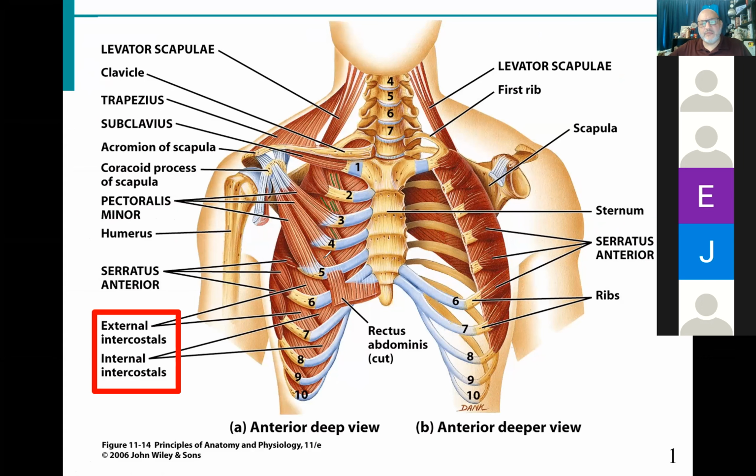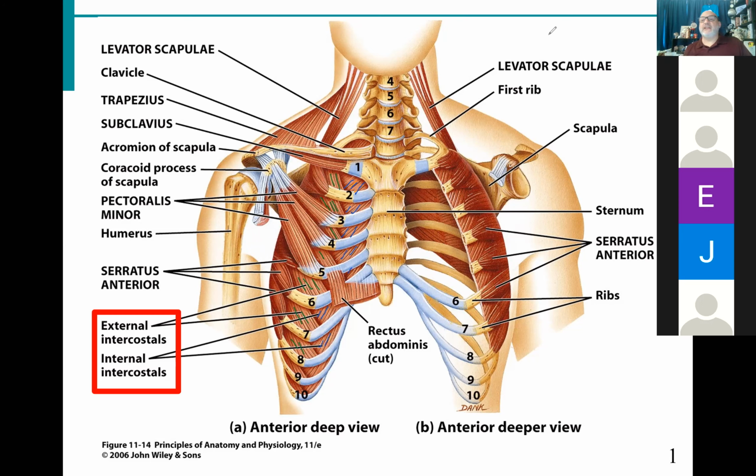We have my external intercostals. Notice deep, medial, touching the sternum, touching the cartilage, and fascicles going down and out are the internal intercostals.